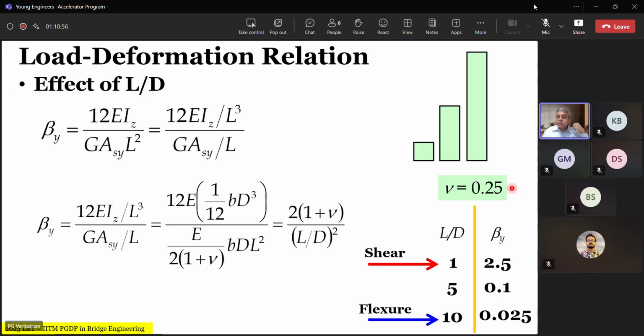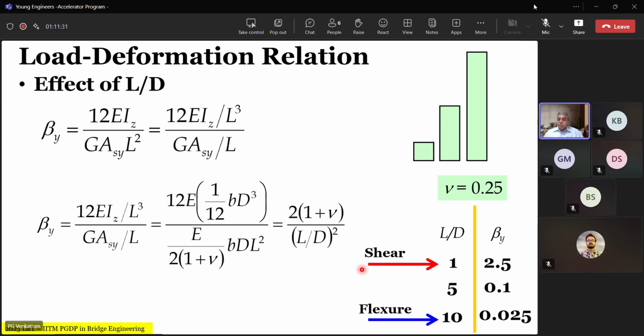Okay, to understand that, if you take the load deformation relationship and we take the effect of L by D, we know the beta y definition, we go back to the same 12 EI by this. Now if we take a look at that and you add in the relationship between E and G with the Poisson's ratio, you end up getting that beta y can be reduced to a parameter 2 into (1 plus nu) by (L by D) square.